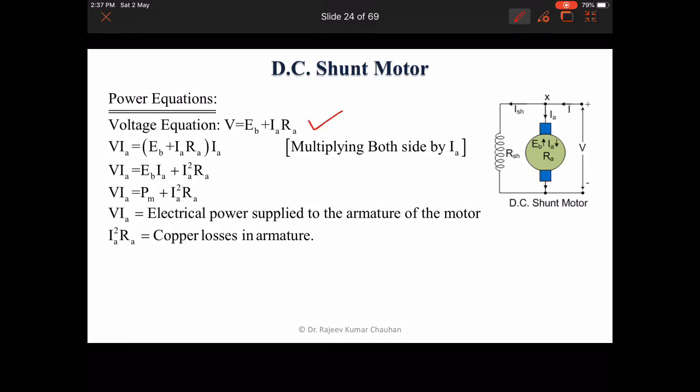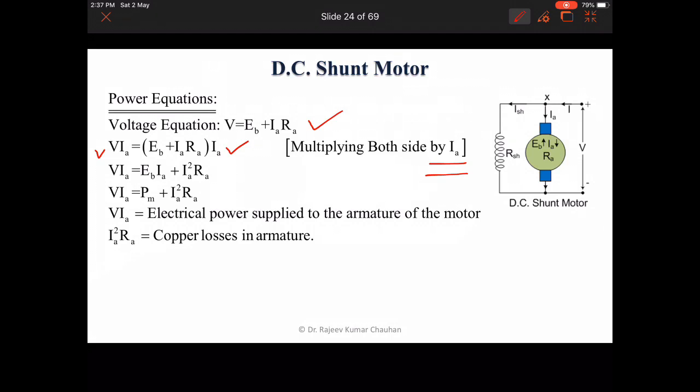Voltage equation for the DC shunt motor: V is equal to EB plus IA RA. Let's multiply both sides of the voltage equation by IA. So we will get VIA is equal to bracket EB plus IA RA multiplied by IA. Okay.